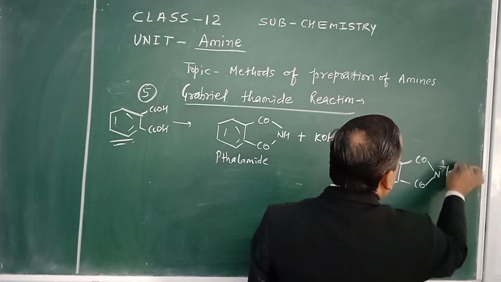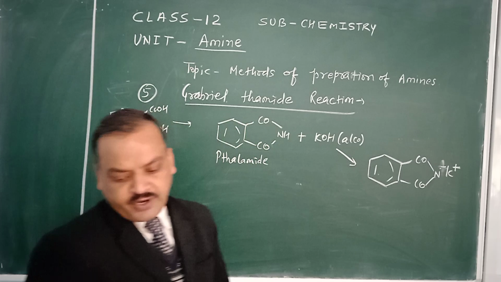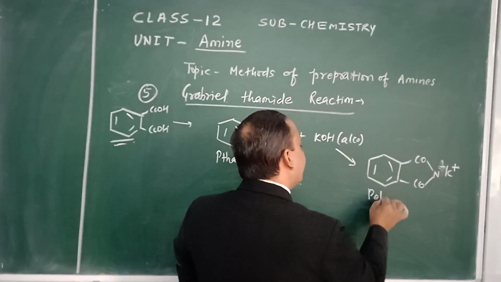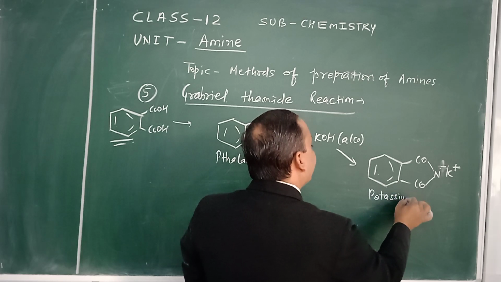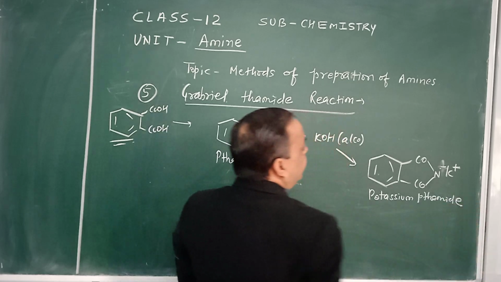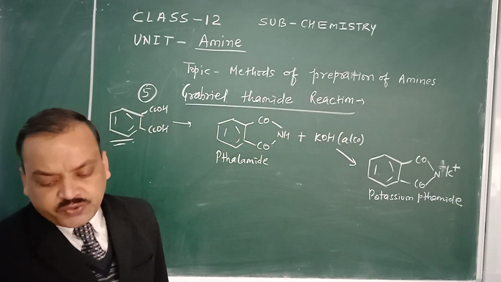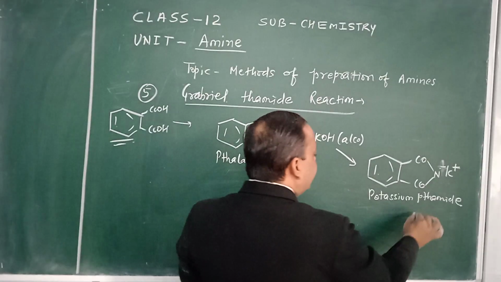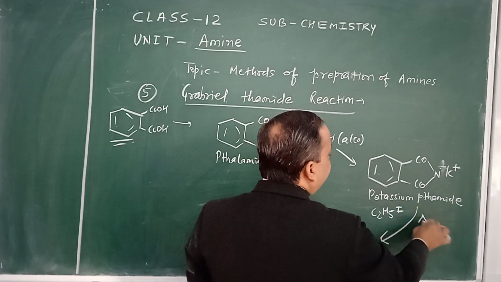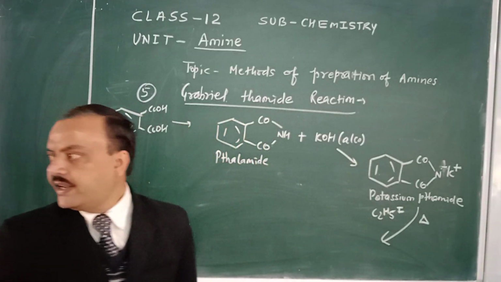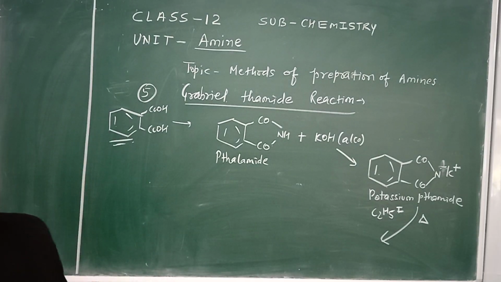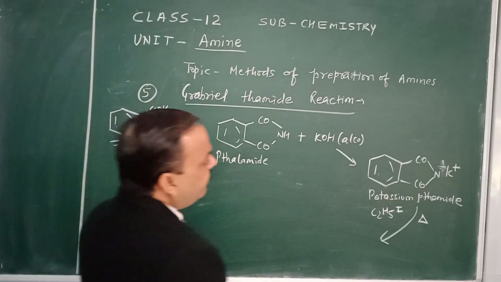We have this salt as an intermediate compound, and it is known as potassium phthalimide. In the next step, this potassium phthalimide reacts with the alkyl halide C2H5 iodide, and when we heat it, there is liberation of KI.